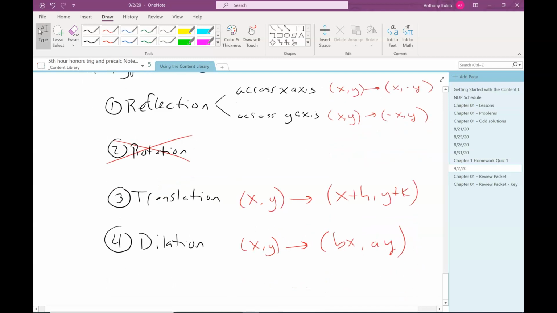Now, I think in geometry, your dilation was always symmetric, where you multiplied the x and y by the same factor, but there's really no reason you would need to do it that way specifically. So I'm going to write them as 2 different letters, keeping in mind that they could be the same letter still. There's no reason A and B couldn't be equal.